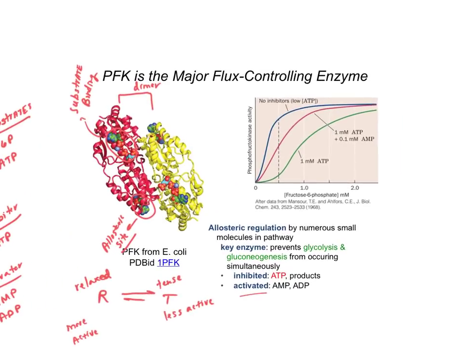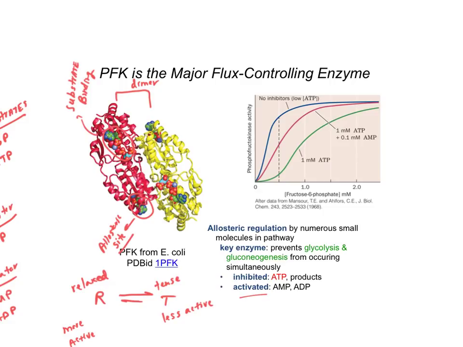Anyway, let's look at the actual phosphofructokinase activity in the presence and absence of some of these inhibitors and activators. Again, ATP is an inhibitor. If we look at this little activity plot as a function of substrate concentration, we are at about 100% activity at 0.5 millimolar F6P, fructose 6-phosphate concentration.